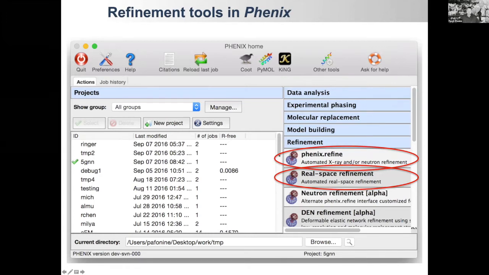They are next to each other in the refinement section of the GUI. Phoenix Refine is for reciprocal space refinement for crystallography, and real space refinement is what's referred to as refinement in real space against the map. So both are available and next to each other.